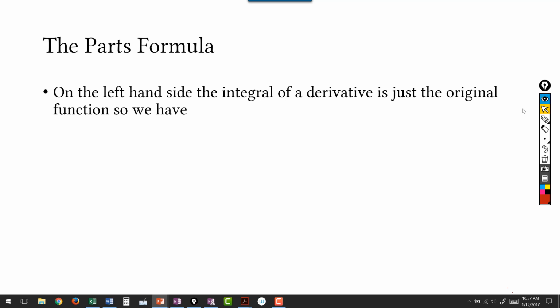Now on the left-hand side, the integral of (uv) prime is just the integral of a derivative. So when you integrate a derivative, you get the original function back again. So taking the integral of (uv) prime just gives us uv, the original function.